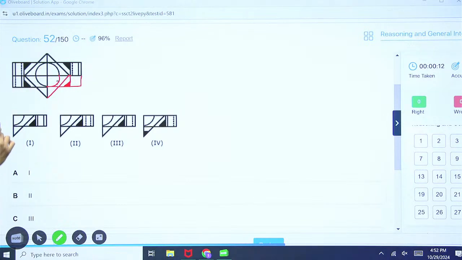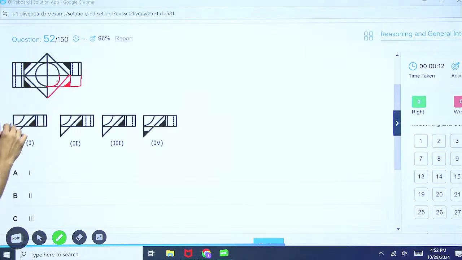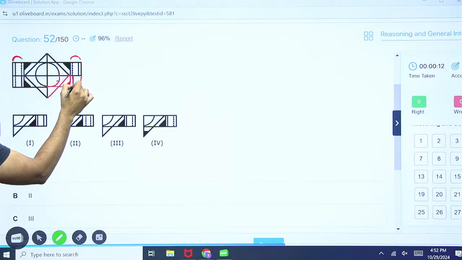Now, if I see this, shaded line, dotted line, dotted line, shaded line, dot, shade, then should a dotted line come or not? What should come? No. First a shaded line should come, because if we see these two lines, the mirror image of these two lines is made. Dotted, dotted, shaded, shaded. Similarly, the shaded line should come first, and then the dotted line should come.